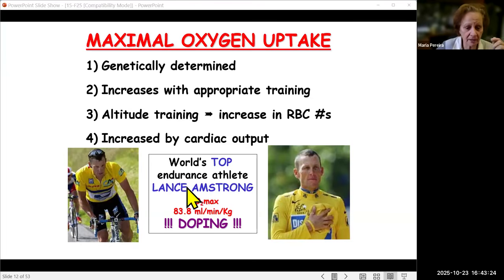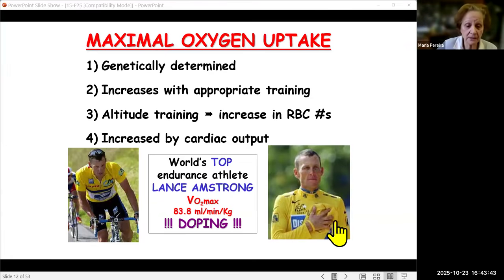He won 7 times the Tour de France, which is a bicycle race around France. That is the hardest bicycle race in the world. So he won 7 times, and he had a brain tumor at one time.